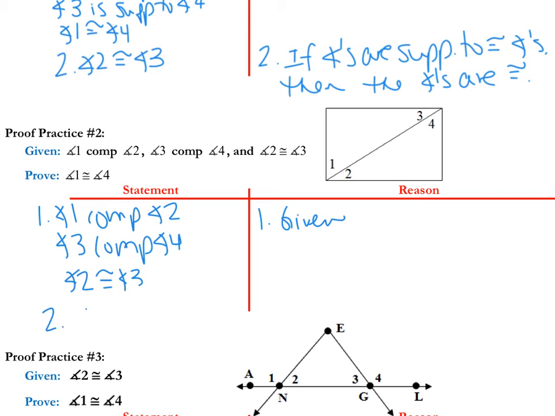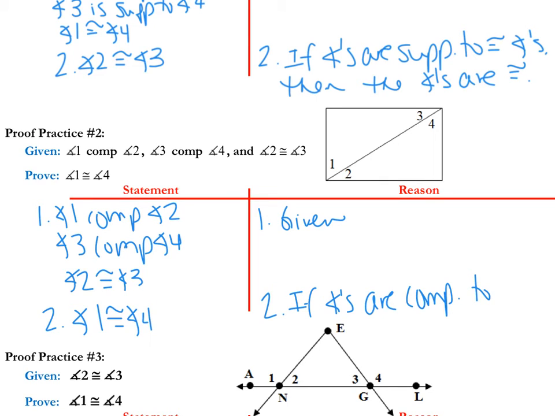So we can conclude that angle 1 is congruent to angle 4 because if angles are complementary to congruent angles, then the angles are congruent.